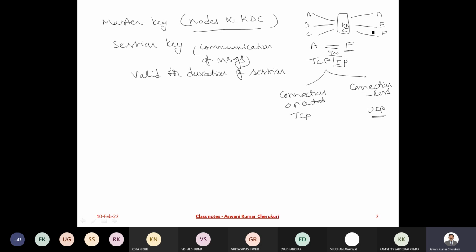Imagine F is some sensitive server. Now A, B and C want to attack F. A is from a different location, B from a different location, C from a different location, but typically they are the attackers. ABC would keep sending request messages or sync messages to F. F would respond saying okay, acknowledge. They keep sending sync, F keeps responding with acknowledge. So F keeps sending the acknowledgements.